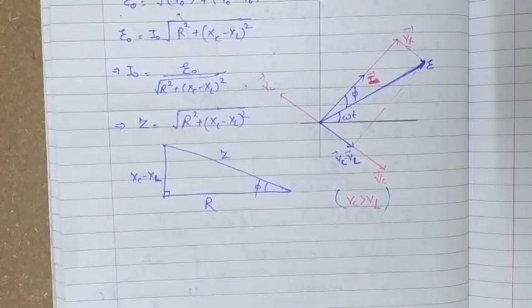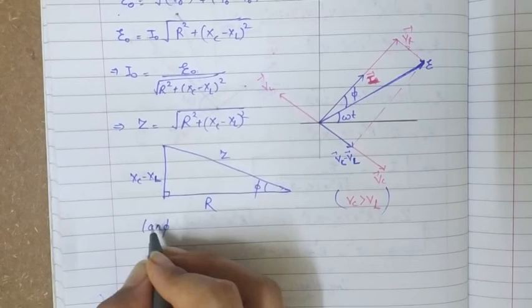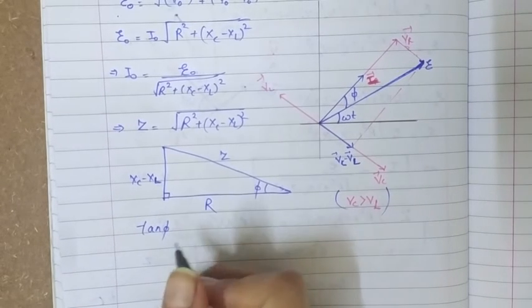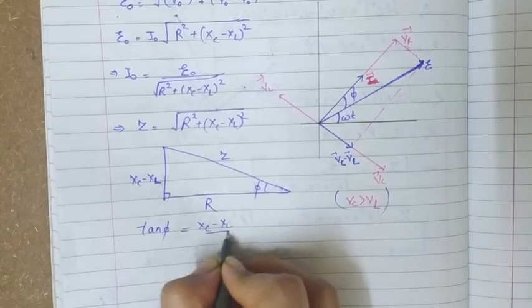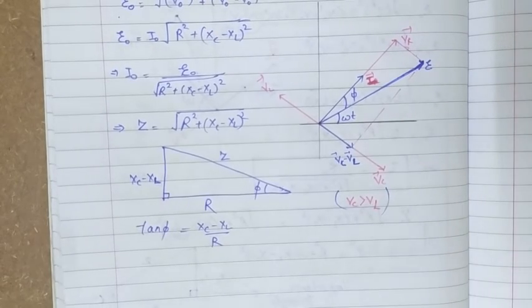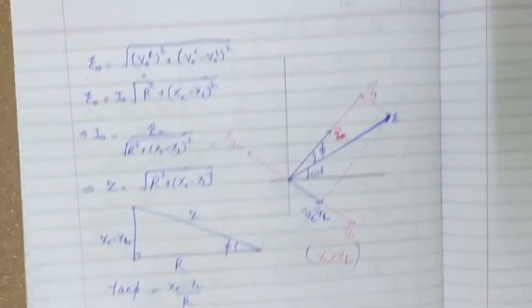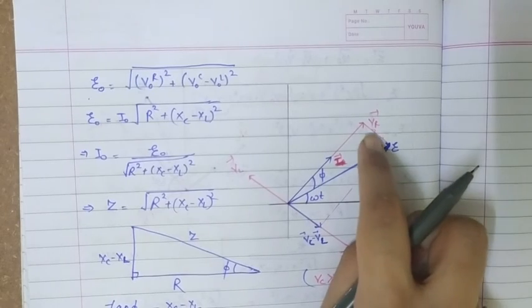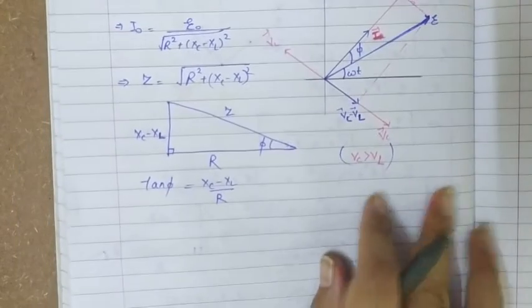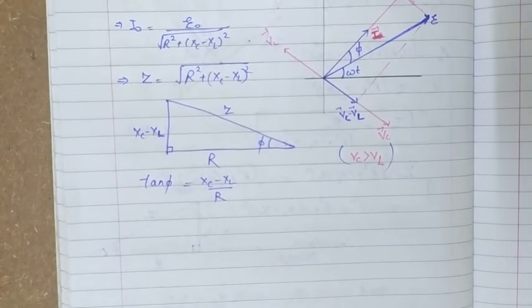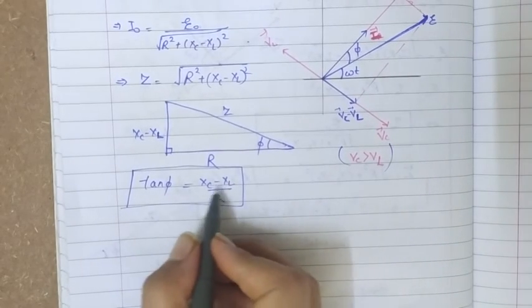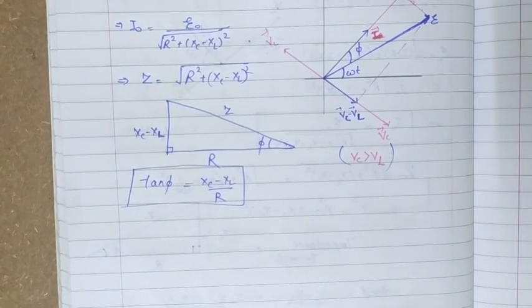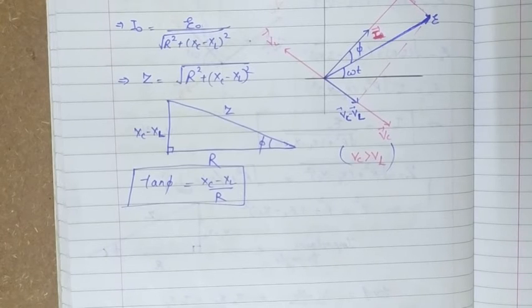And if we want to find tan phi from this, we get tan phi is equal to XC minus XL upon R, or we can also find it from this phasor diagram, which shows VC minus VL upon VR. Ultimately it gives us the answer XC minus XL upon R. So this answer is also changed. There it was XL minus XC. When XC is greater than XL or VC is greater than VL, it becomes XC minus XL upon R.